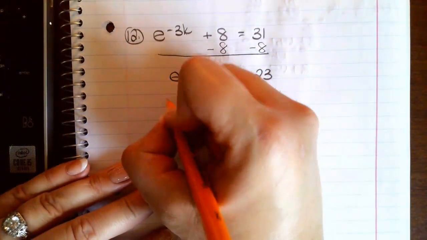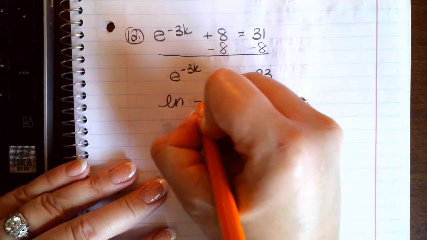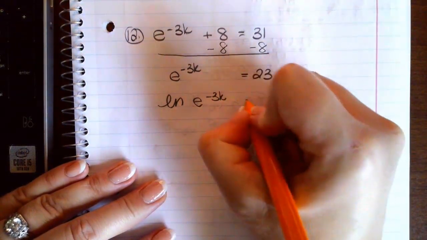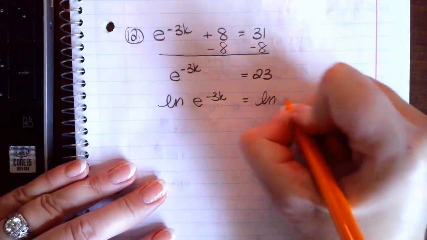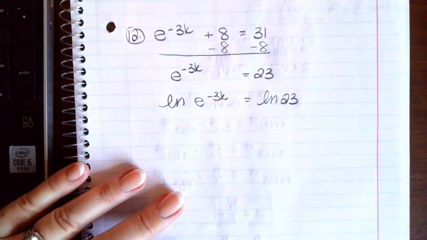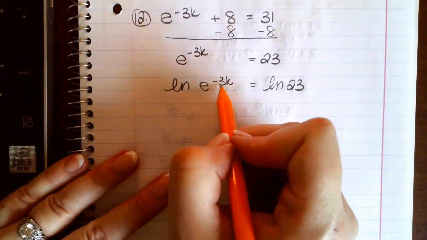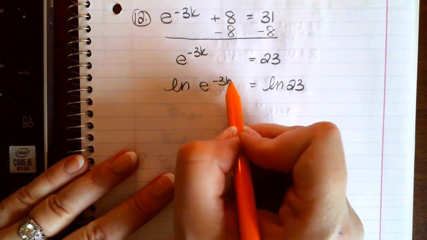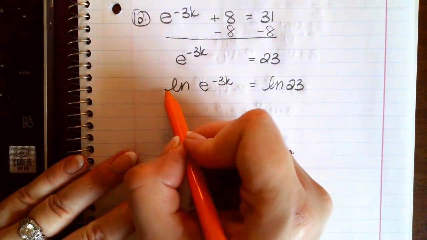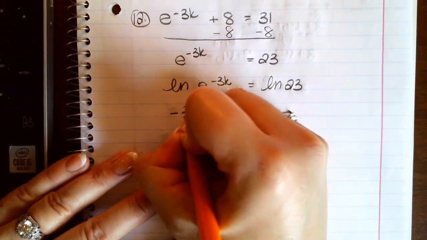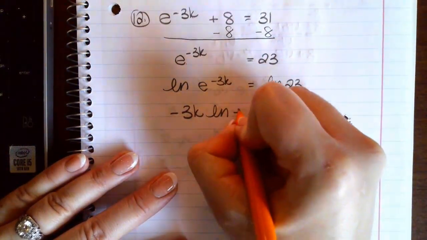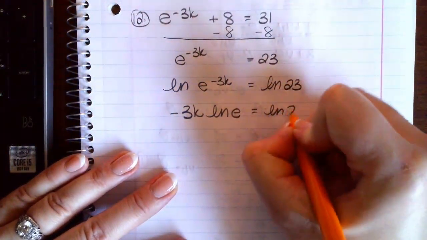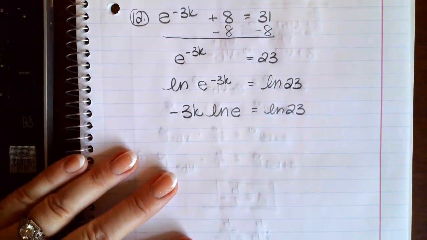So I'm going to take the natural log of both sides. And then that allows me, now that I'm in log world, to drop this exponent out front as a coefficient. So I've got negative 3k times the natural log of e is the natural log of 23.